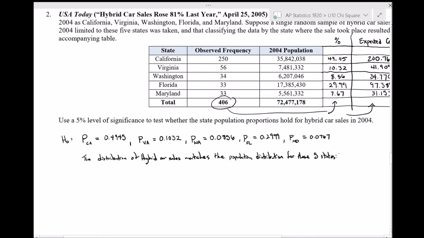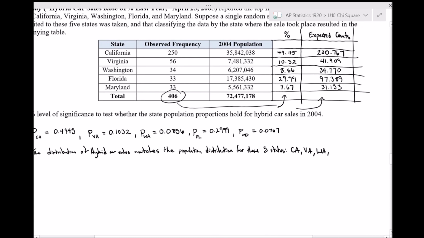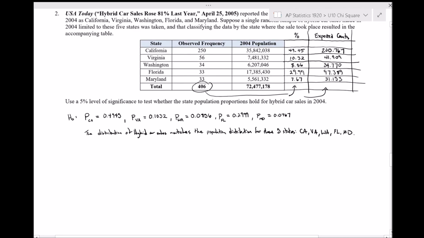And the 5 states being California, Virginia, Washington, Florida, and Maryland. So that's the null hypothesis written 2 ways. One, quantitatively, that's objective, and then qualitatively, which leans more on the side of subjective, depending on how good you are at phrasing the statement.